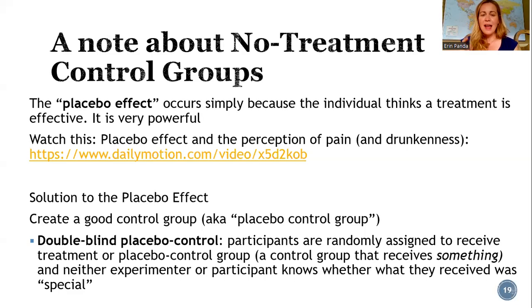And importantly, the experimenter who's analyzing the data doesn't know which individual has been assigned to which condition, and also the participants themselves don't know whether they're getting the thing that's special or not. This controls for the placebo effect, which is a very powerful effect that can impact the dependent variable just because the participant knows that they've been chosen to participate.